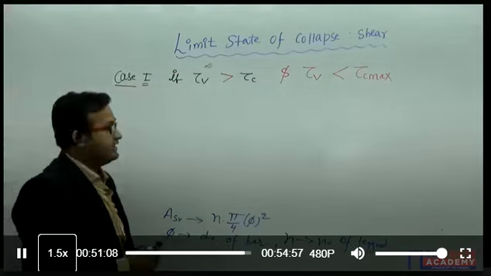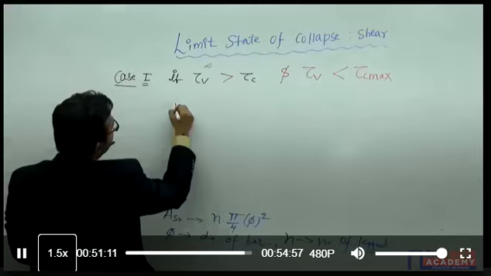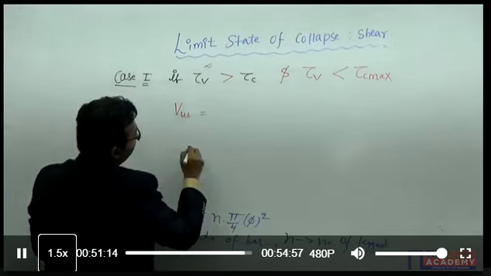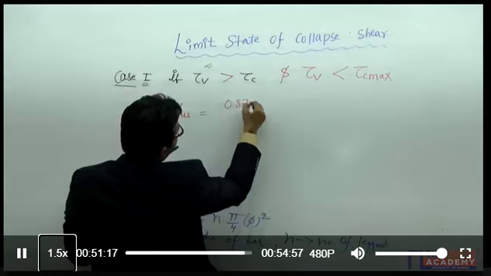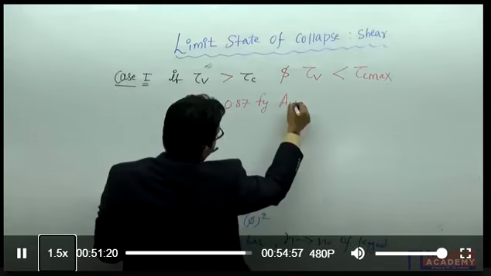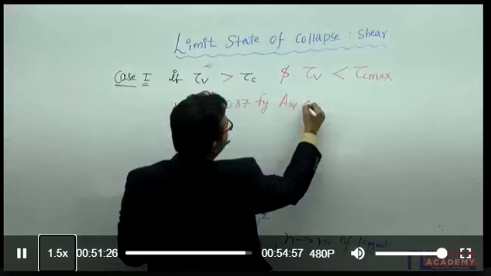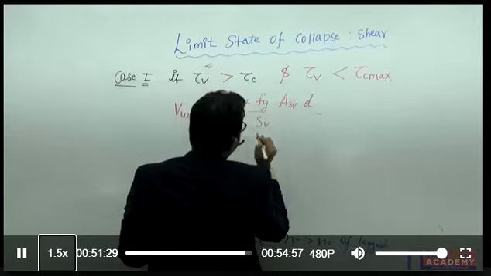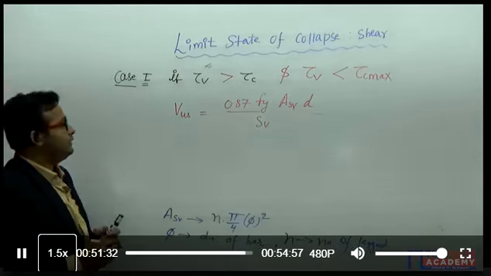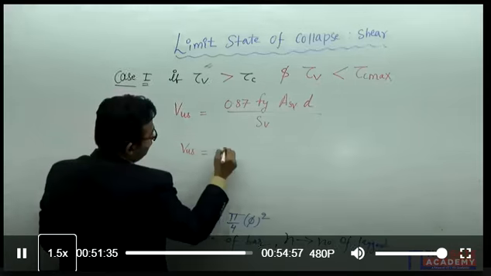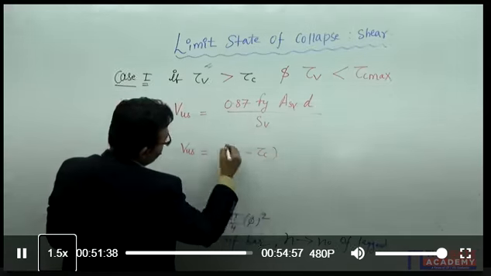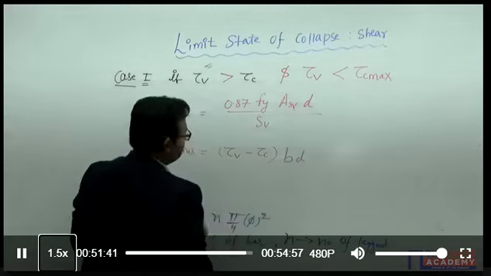It will be VUS equal to 0.87 Fy ASV d divided by SV, where VUS equal to tau v minus tau c into BD.